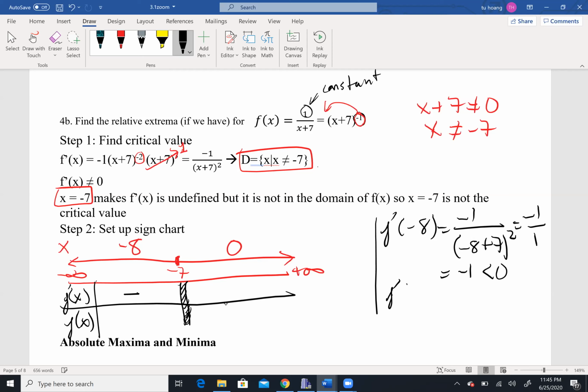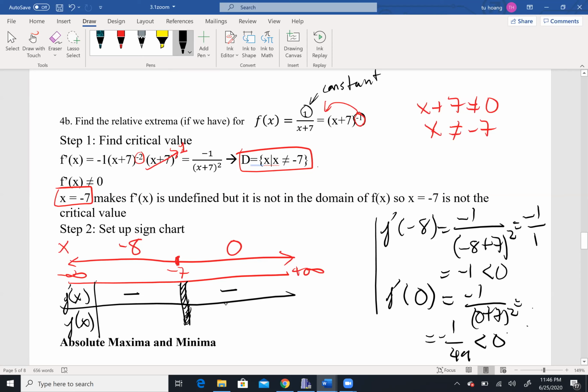And f'(0) is negative 1 over (0 plus 7) squared, which is negative 1 over 49. So I still have a negative number.